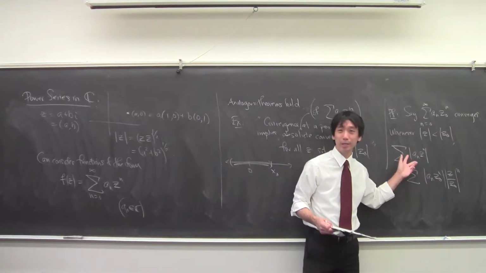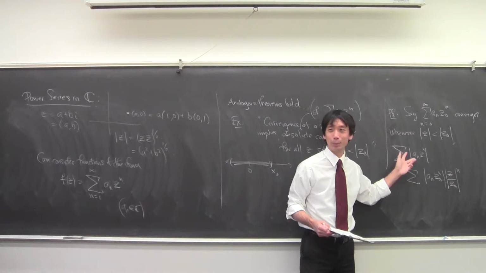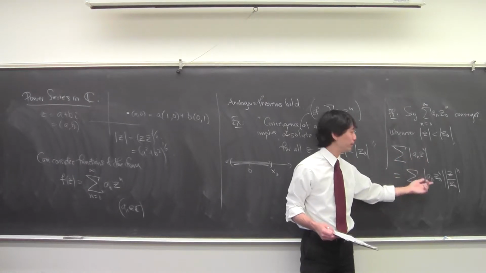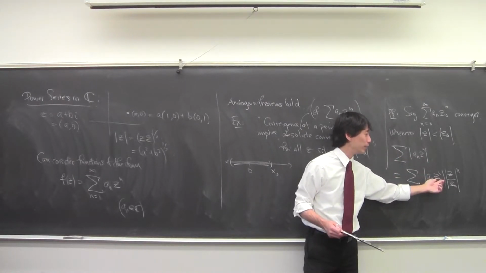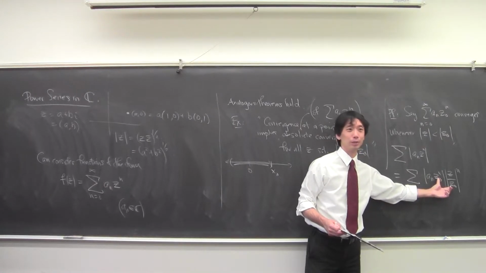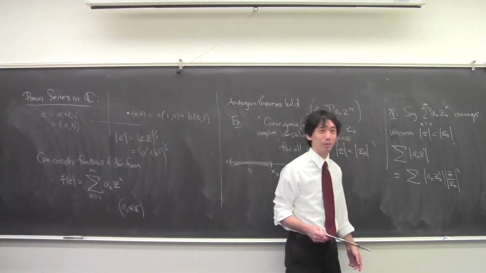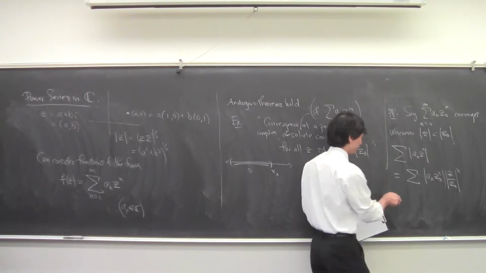Just like we did in the real version. I hope you remember we played this trick. We slid in the z naught by dividing by z naught also. We multiplied by 1 as we do very often.